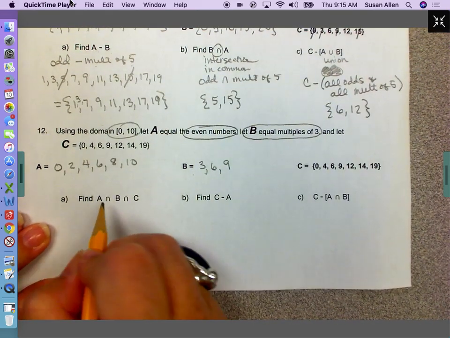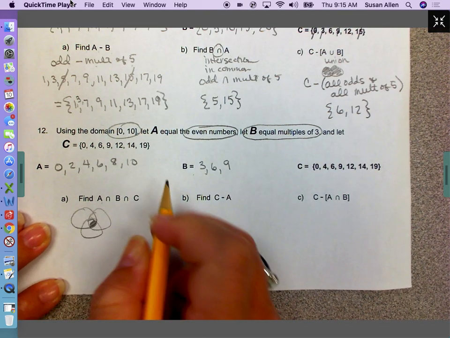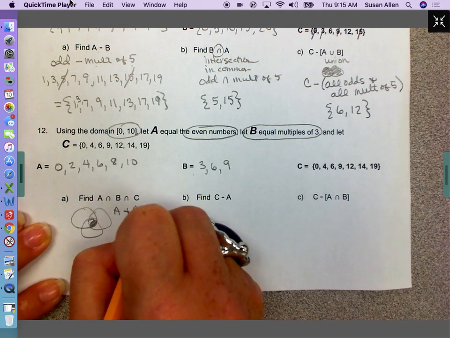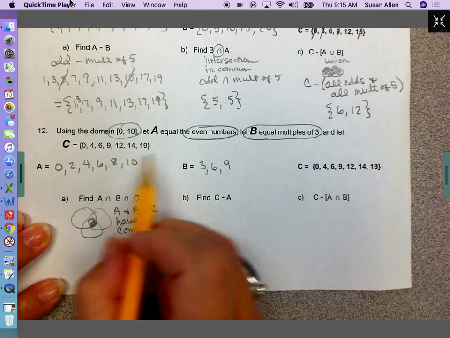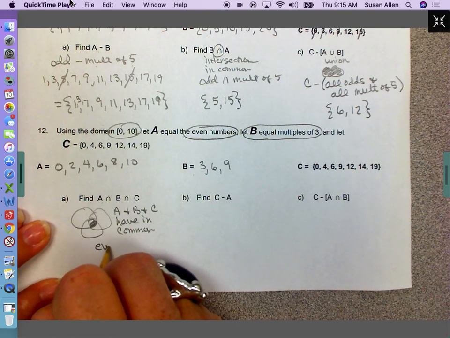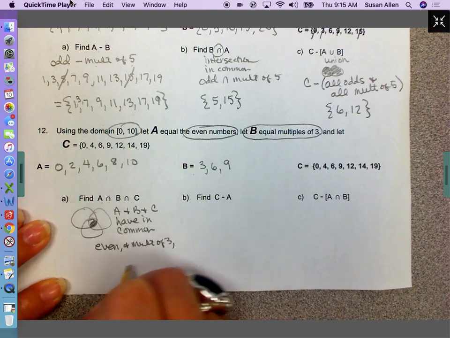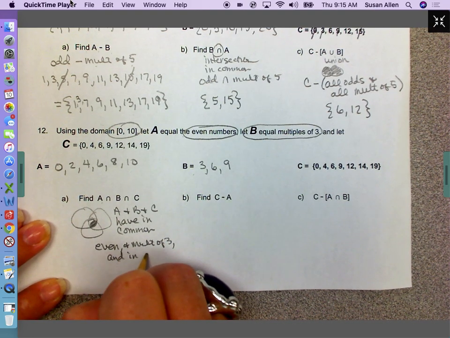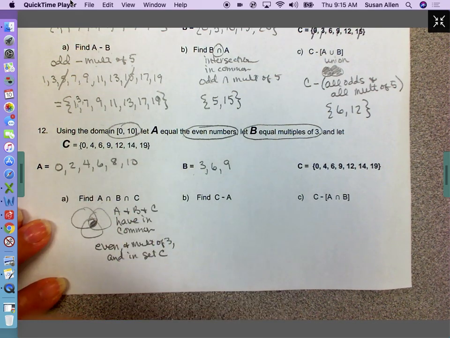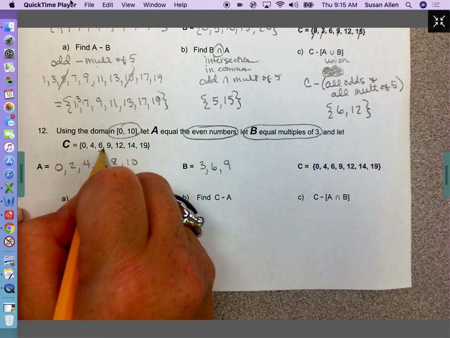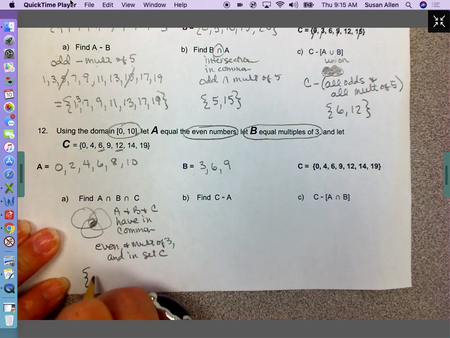If I have to find the intersection of A and B and C, it is what A and B and C have in common. So let's take a look. Which numbers are even and multiples of 3 and in set C? So I'm going to look in set C and pick out all the ones that are even multiples of 3. And that would be 6 and 12.